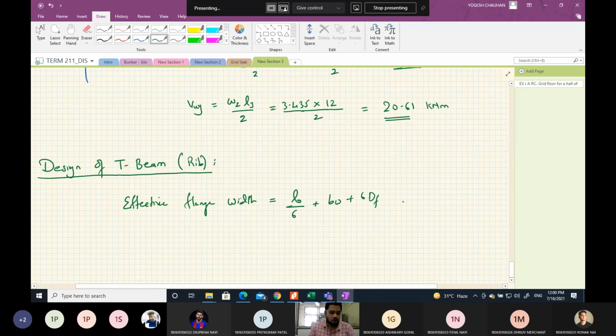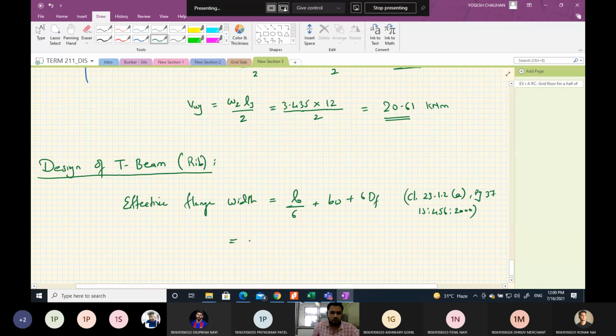This is given in the clause 23.1.2 A, page 37, IS 456 2000.